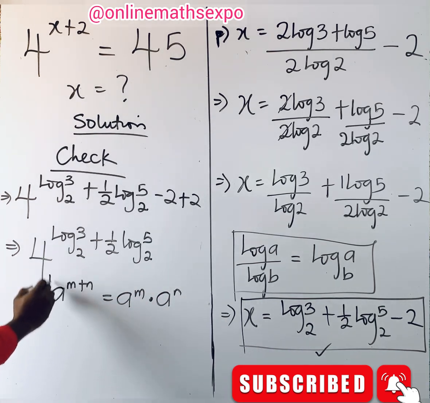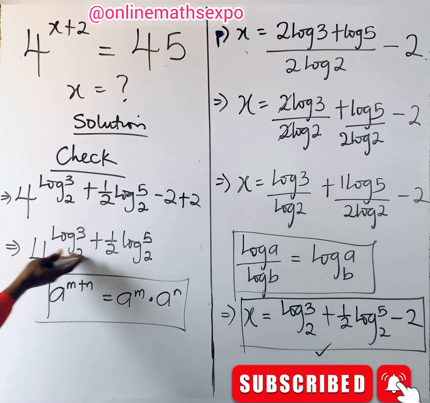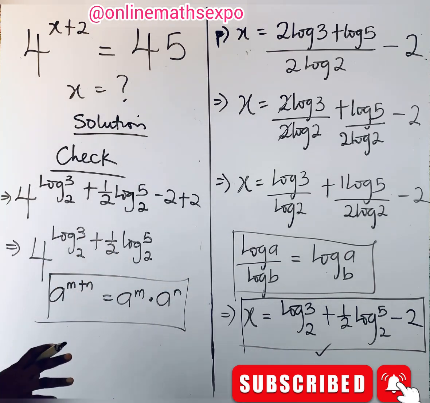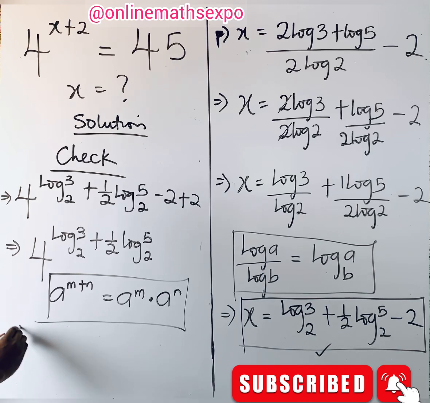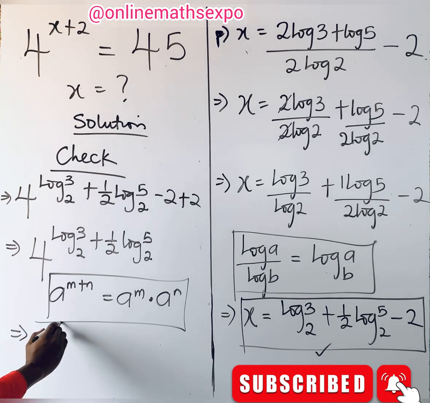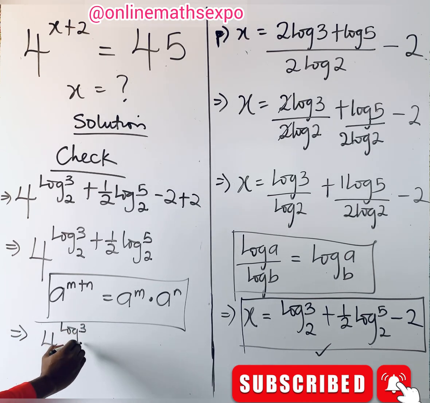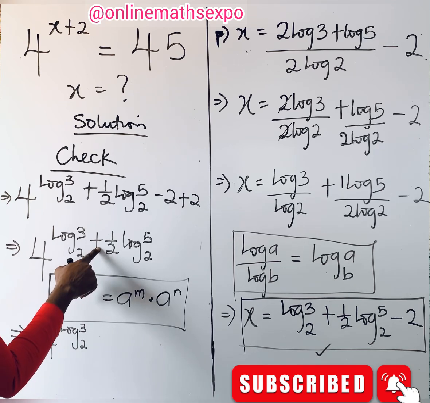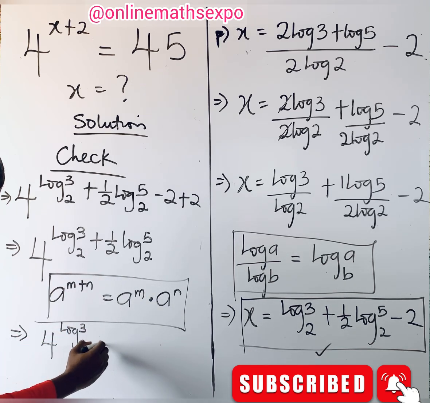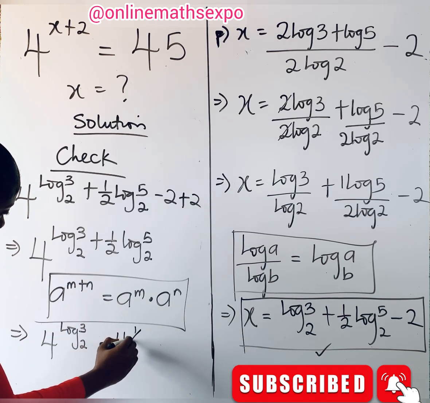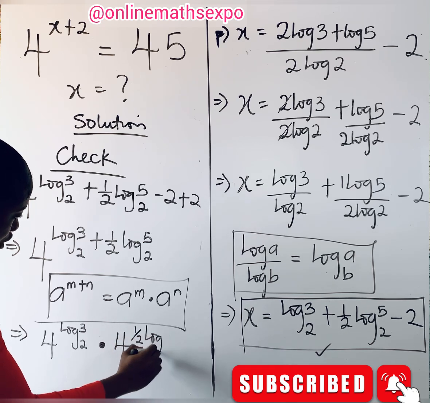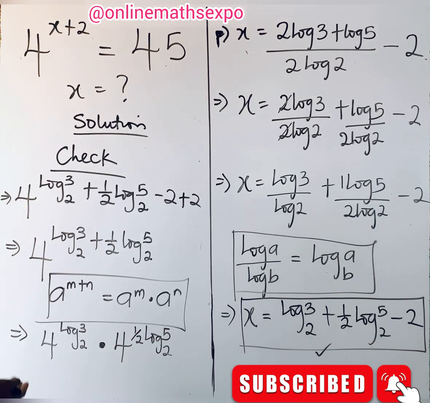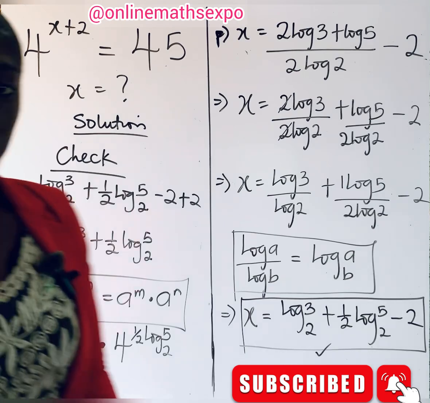Now we are going to apply this to help us simplify it. So we're going to now have it as 4 raised to power of log of 3 base 2. This addition will turn to multiplication. So we have 4 raised to power of half log of 5 base 2.